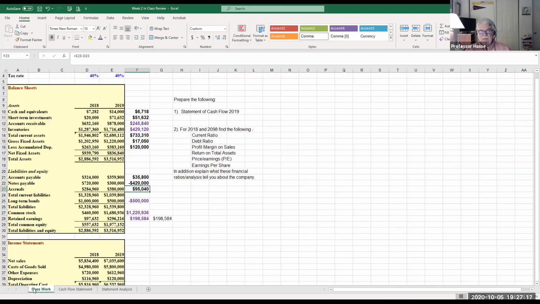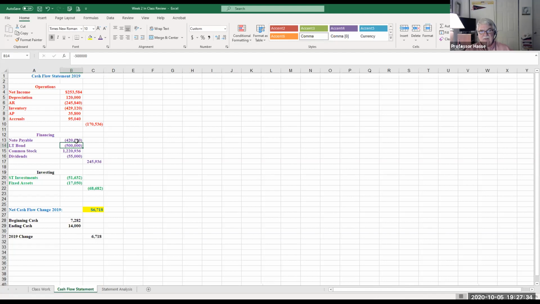Well, notice on the balance sheet, both these areas of financing went down: notes payable and bonds payable. If they went down, that means we paid off some of that debt. So here it is. Negative cash flow, money going out of the business because we lowered notes payable and bonds. We paid them off, cash going out.